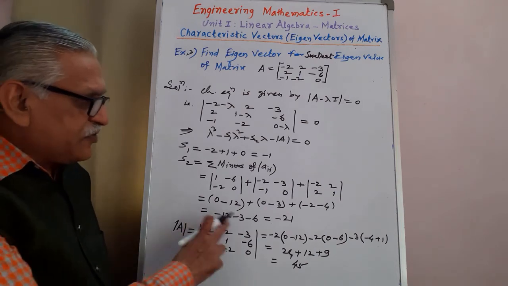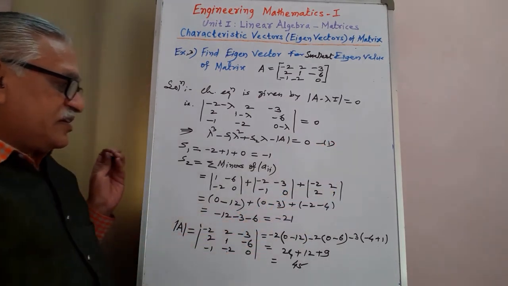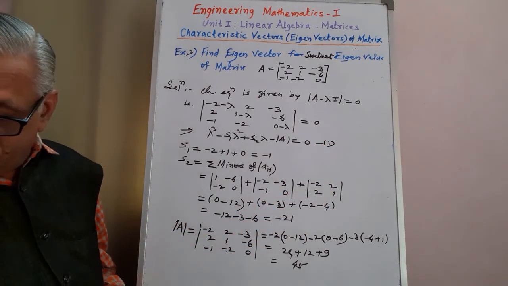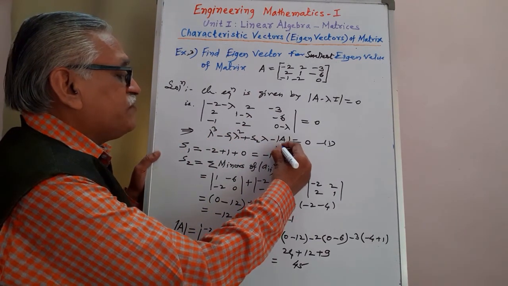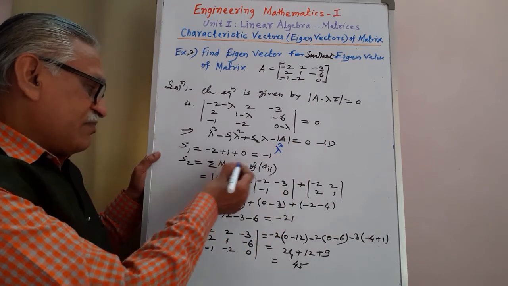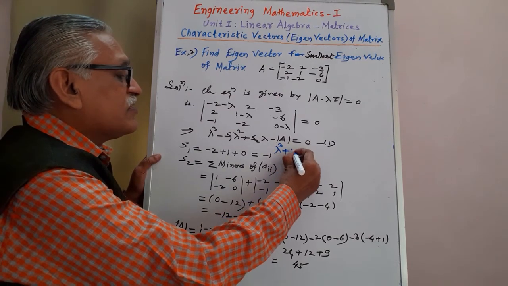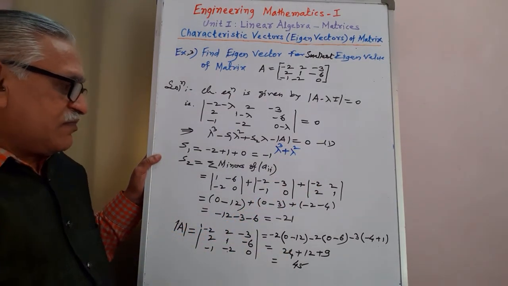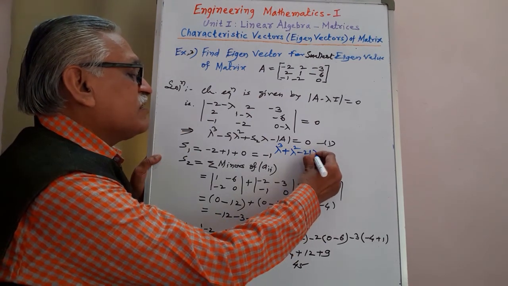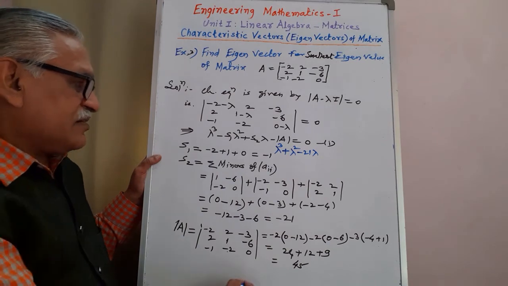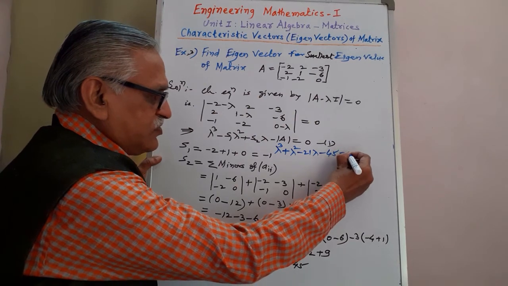Okay, substituting all these values, if we call this equation 1, that equation 1 becomes lambda cube minus S1 lambda square, this minus and this minus, it becomes plus lambda square, plus S2 lambda minus 21 lambda, and minus determinant of A minus 45 equals to 0.